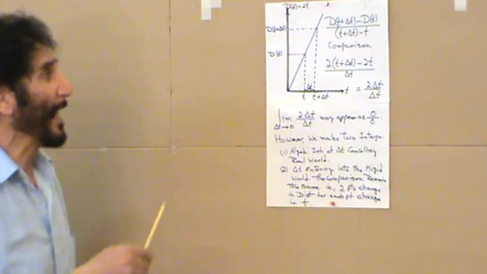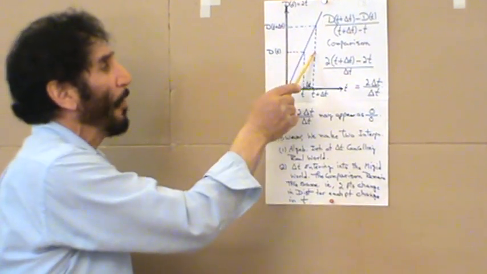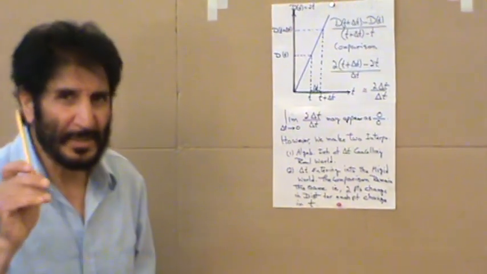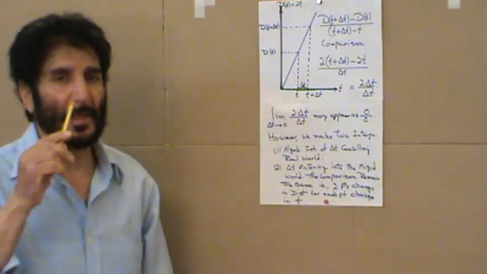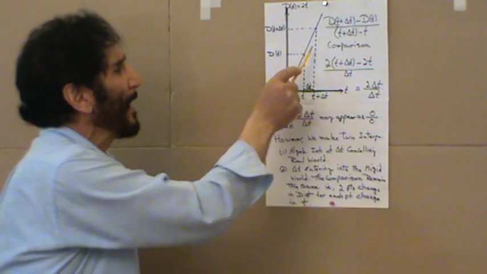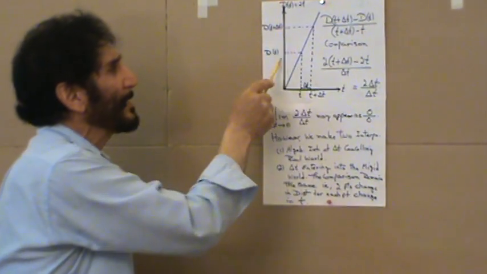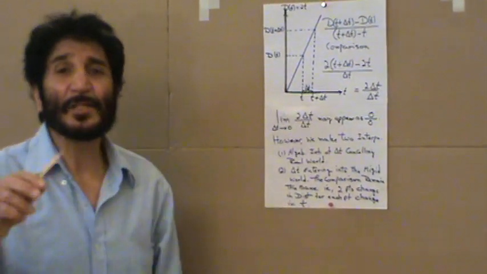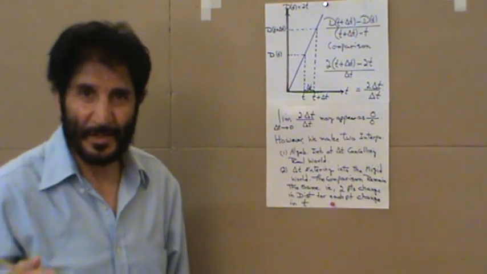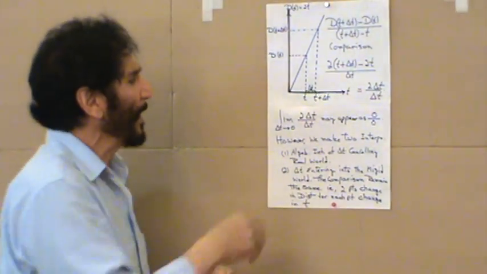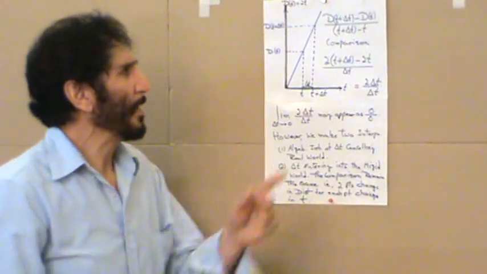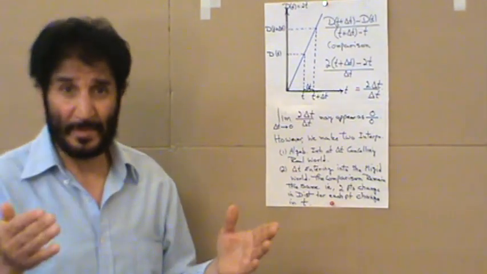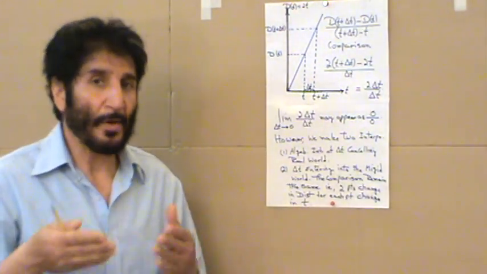Now here, as you notice, the ratio of rise over run, I'm using ratio and proportion, I'm going to talk about that shortly. The ratio of distance to time remains 2 because of the similarity of triangles. Now I'm dealing with what? With a function, and a function has input and output.